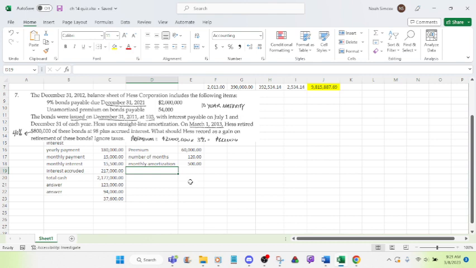So we have monthly amortization. I mean, it says unamortized. Now, what the heck do they get from telling you the balance sheet on December 31st, 2012? I don't get why they tell you that.